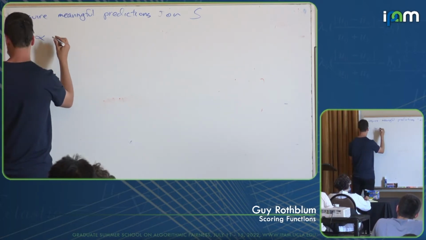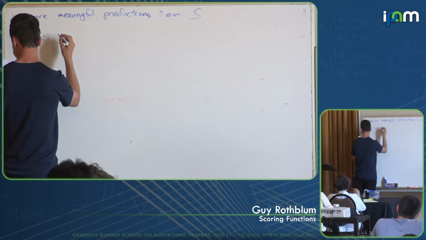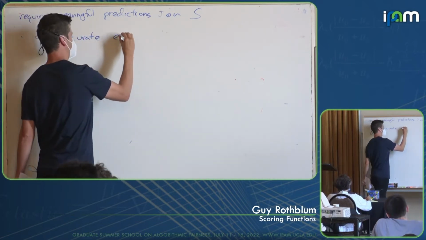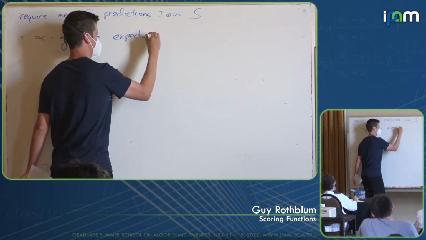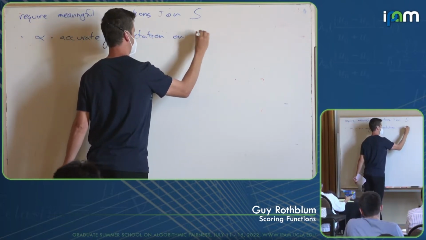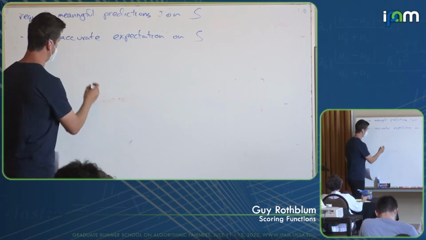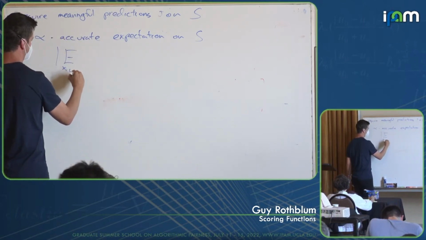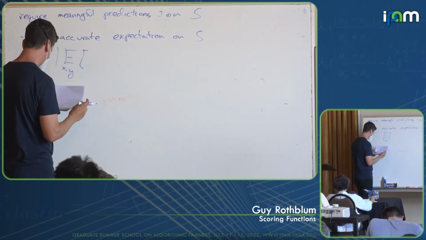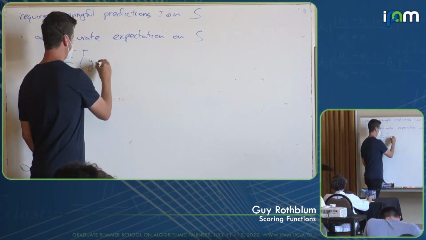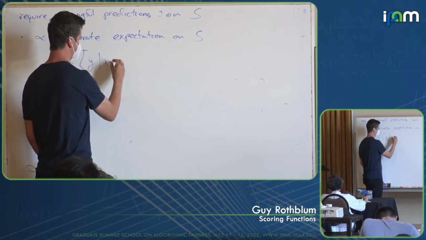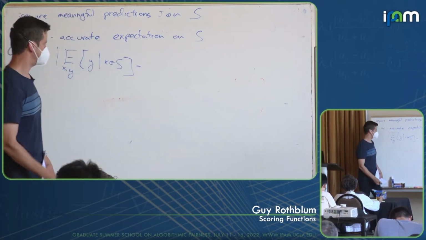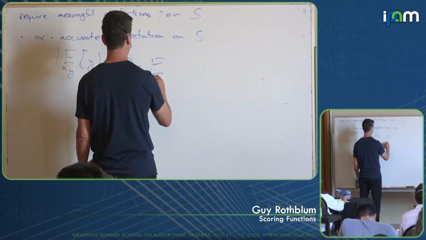Okay, so this is alpha accurate expectation. Basically, if I look at the expectation of the labels conditioned on membership in S, I want the predictions to be close to that.